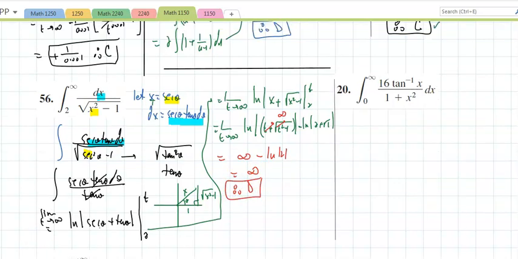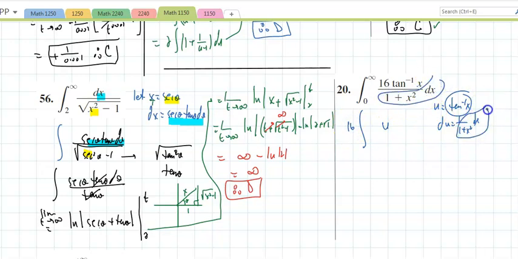Next example, number 20. Well, here, if I let u equal inverse tangent of x, du is 1 over 1 plus x squared dx. So this is a simple u sub. That is u to the 15th, add 1 to the power, divide by that.